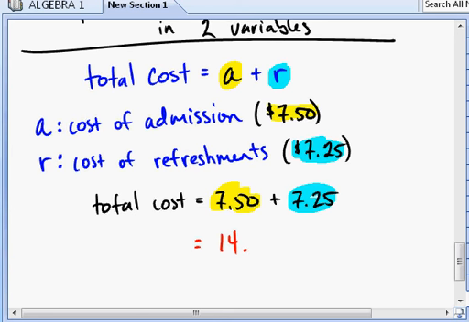Good job. Okay. So this is a pretty simple question, but it's sort of getting you to understand what evaluate expressions means. What we did is we took the A and the R out, and in their place we put 7.50 and 7.25, and then we added. Any questions? Sure? Okay, we're probably halfway done.